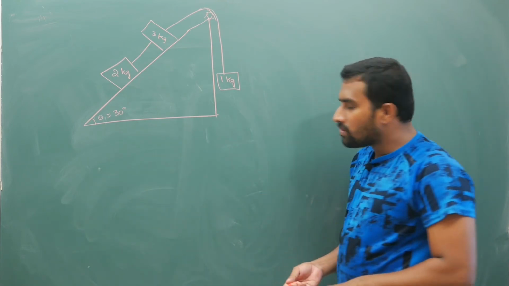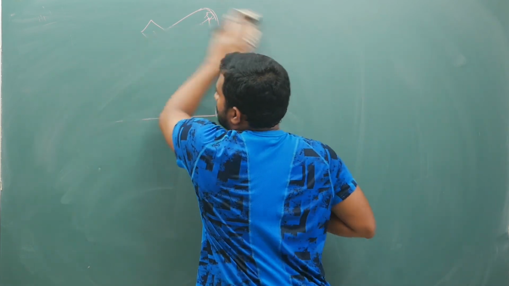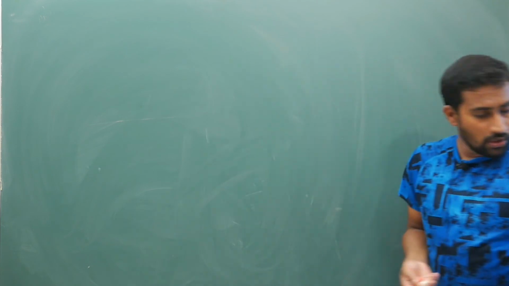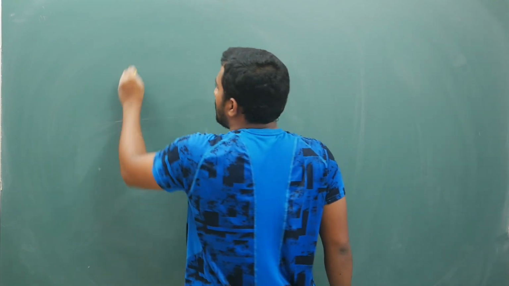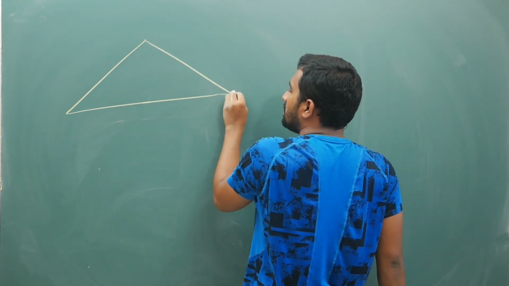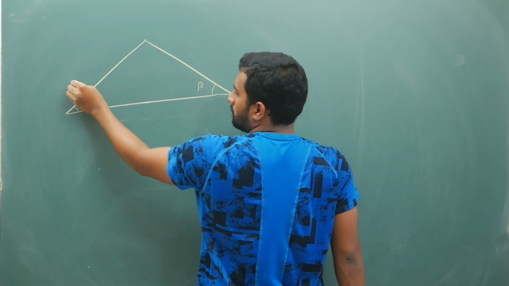Now, before doing this, I want to do one more example and then I will come back to this, because doing that will enhance your clarity. So now let us say you have a situation where this side the angle is alpha, this side the angle is beta.